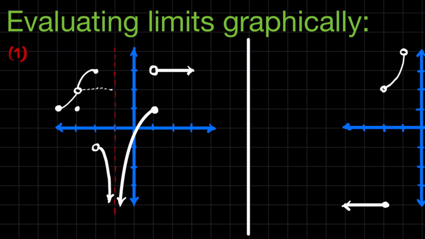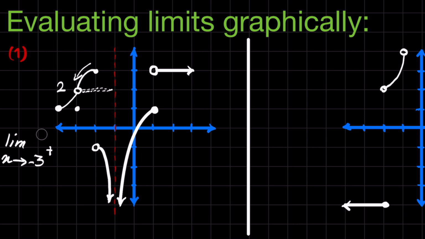So for example, if I want to see the limit of this function as x approaches -3 from the right side, we're going to see slightly from this part that it gets close to 2.